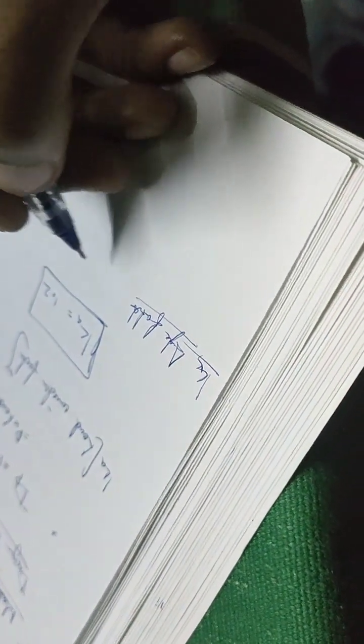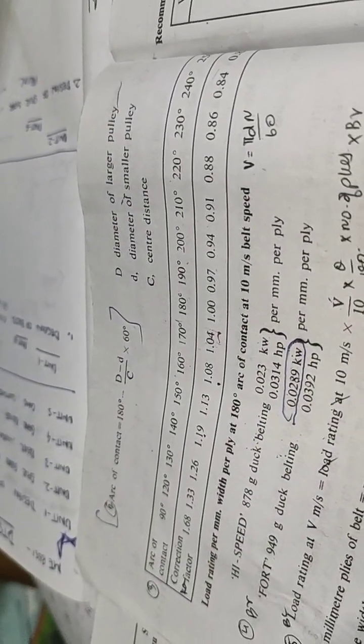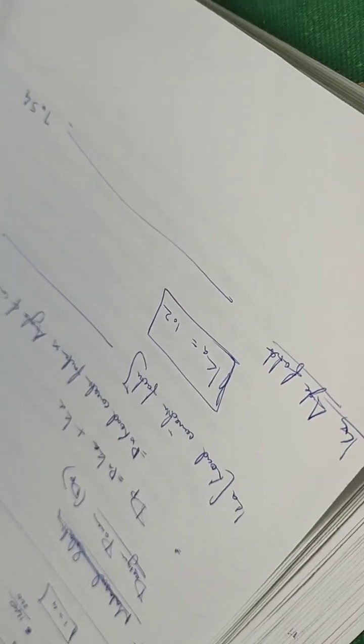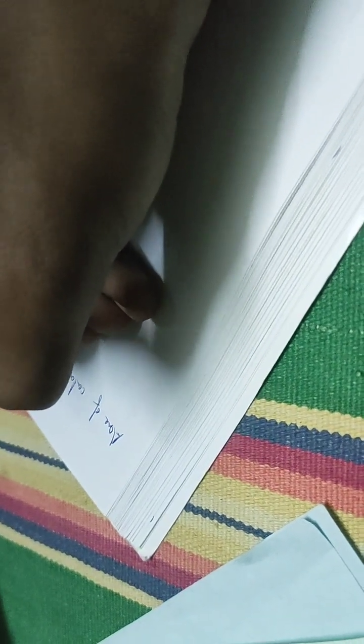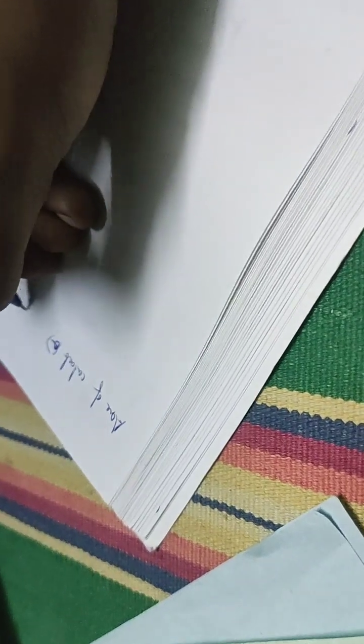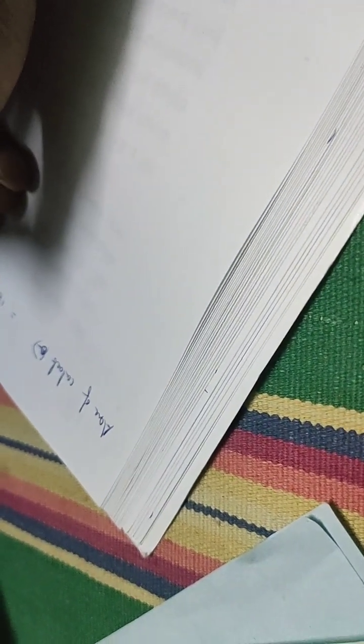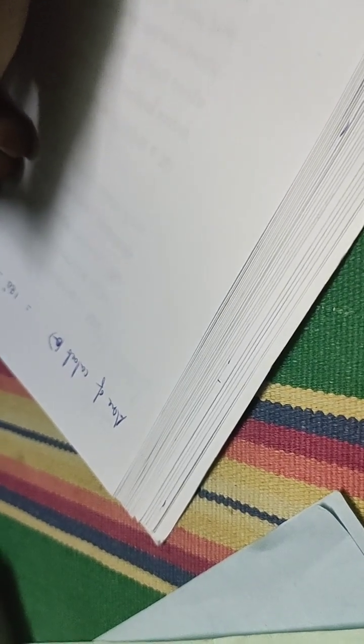Now we are going to find the angle of contact. The angle of contact formula is from page number 7.54. The arc of contact is theta equal to 180 degree minus (capital D minus small d) divided by C into 60.